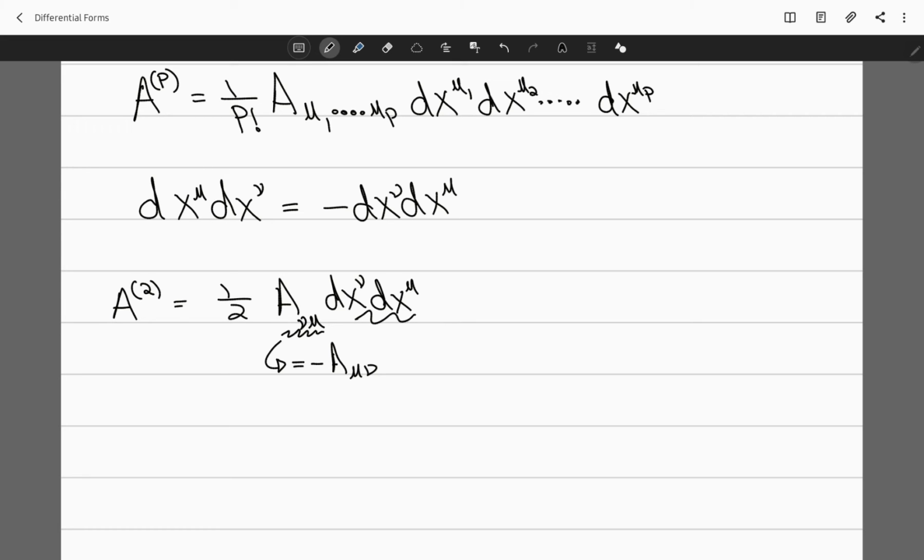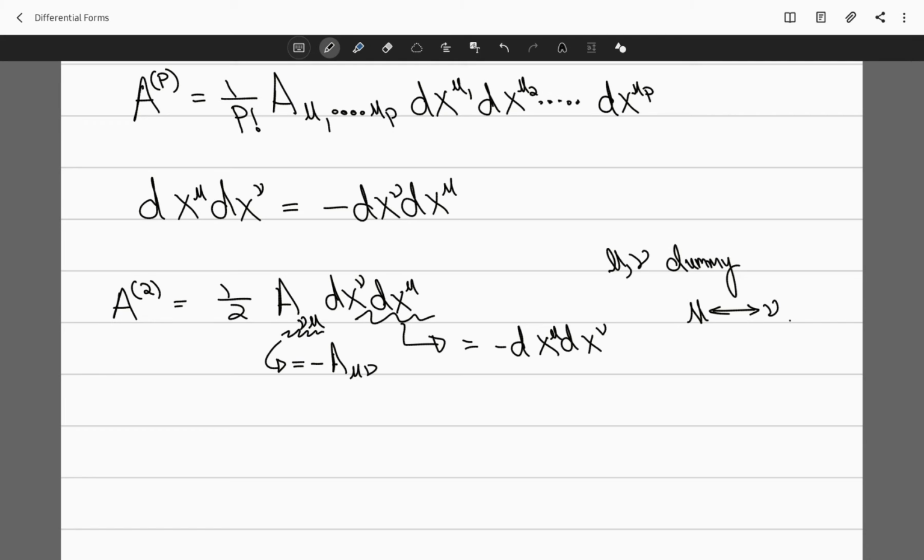So then this would be equal to negative dx^mu dx^nu, right? And that is why the differentials anti-commute. Also, since nu and mu are dummy indices, what we can do is exchange these, so mu and nu can be interchanged.